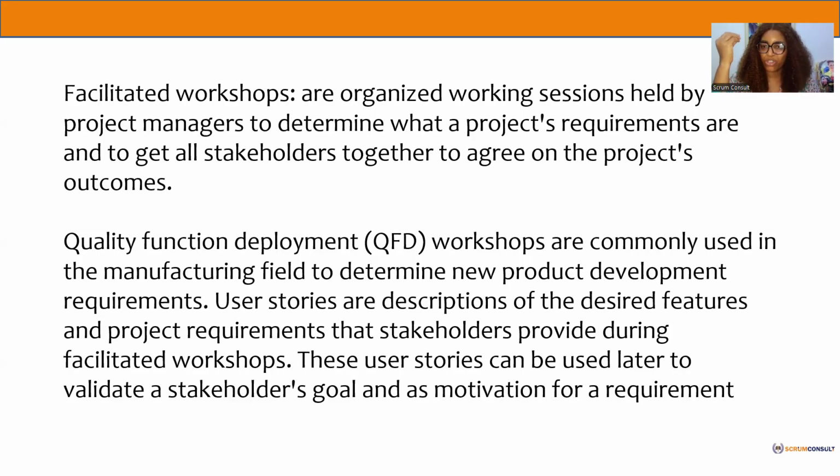Quality function deployment, which I call house of quality, is used to map or translate the business need to the technical specification. The customer says, I need a website that is fast.